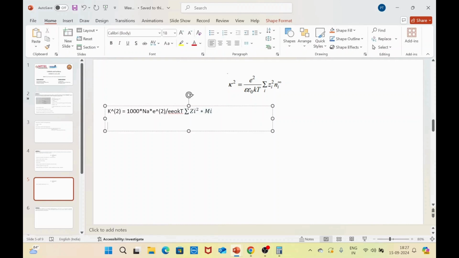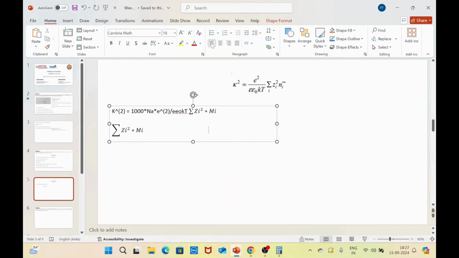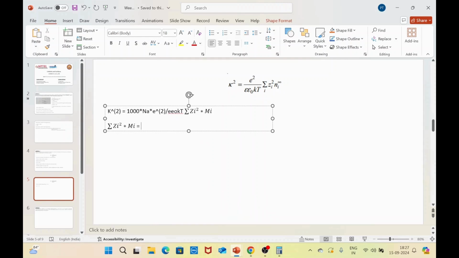Let's first calculate the term inside this sigma. First let's calculate for NaCl. In NaCl you will have both Na plus as well as Cl minus ions.